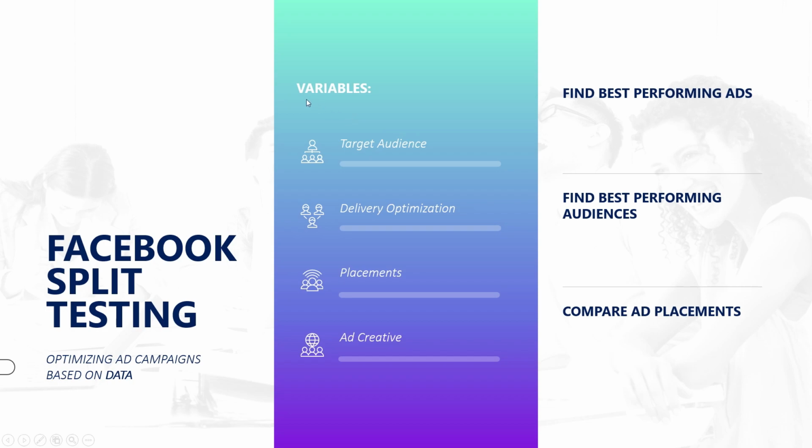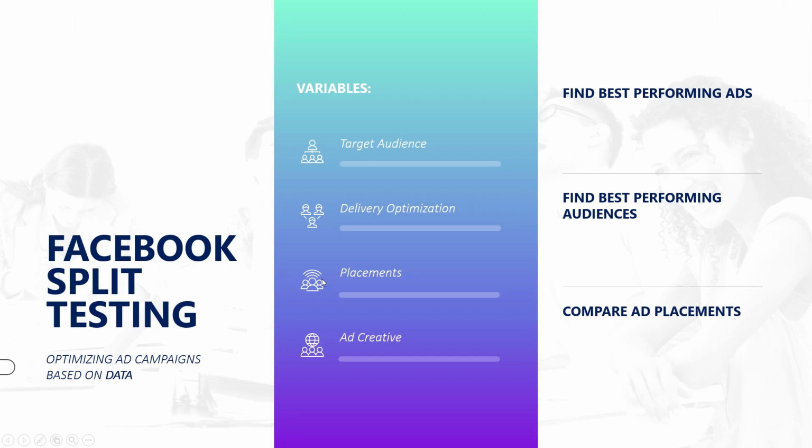So when it comes to split testing, you are able to select target audience as your variable. You can choose delivery optimization as your variable, or it can be placements or ad creative. So the advantage of Facebook split testing is it allows you to optimize your ad campaign based on data.